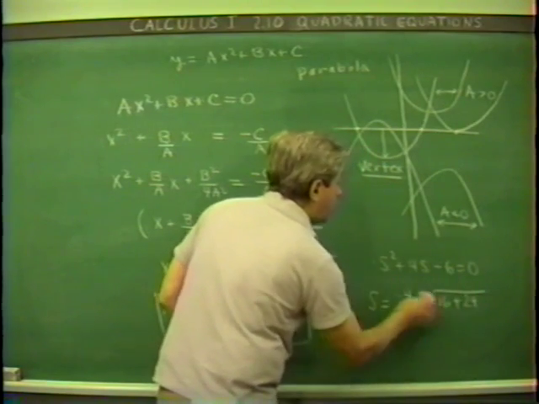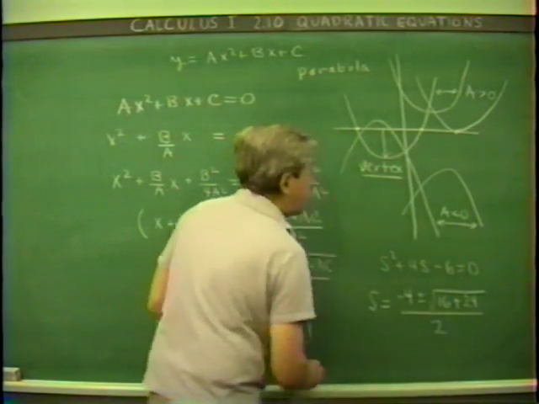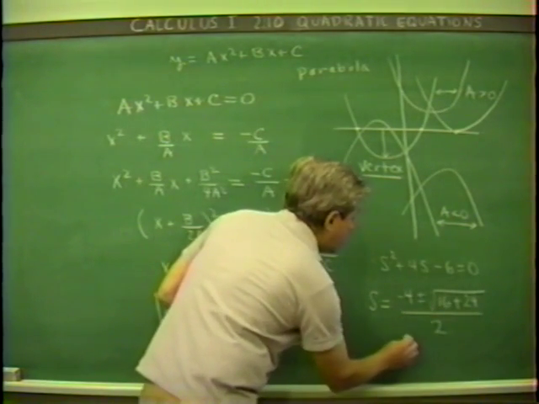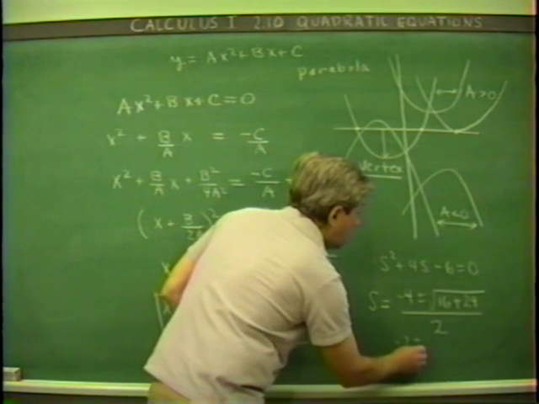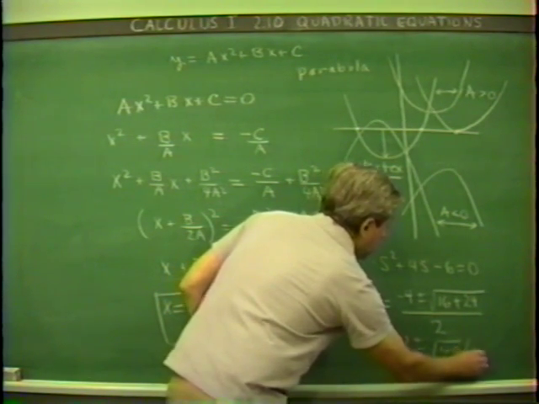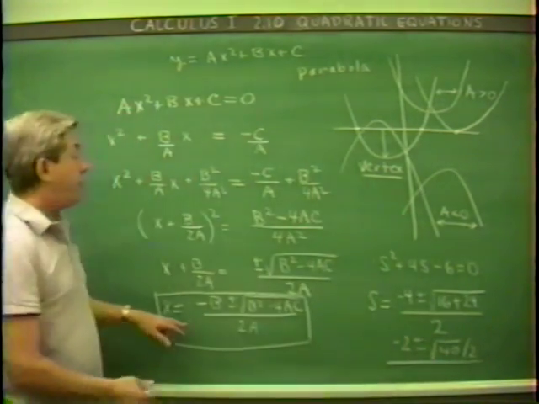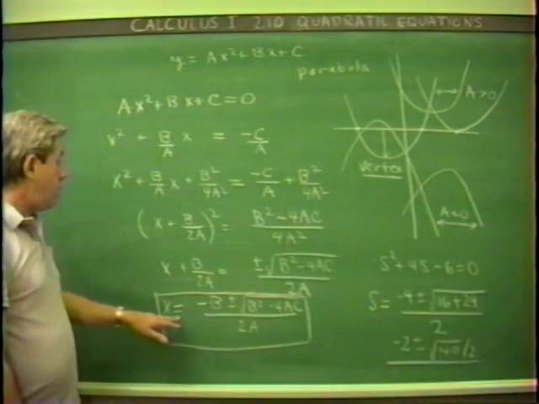Well, it's going to be minus 24, so we have minus 4ac over 2 times a. So the solutions to this are minus 2 plus or minus the square root of 40 over 2. Right? Getting that immediately from this equation right here. Again, this should be memorized.